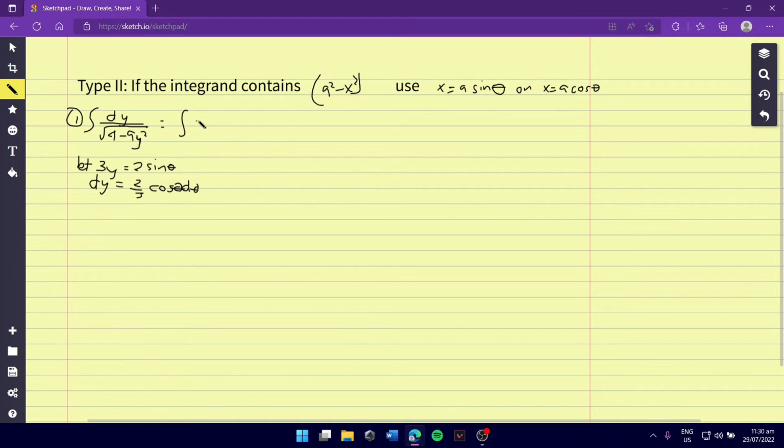So next, we will distribute the value of 3y and our dy. So we have here 2/3 cosine theta d theta as our numerator, and then this will become the square root of 4 minus 4 sine squared theta. Why is this sine squared? Because we have here our value of 3y, so when this is squared, it will result to this. Alright?